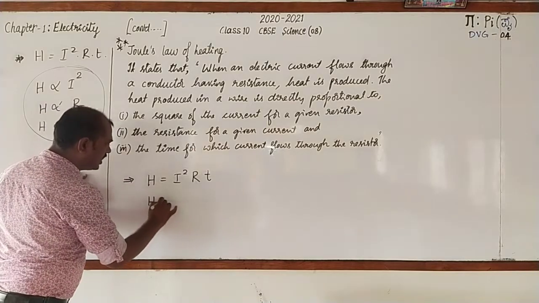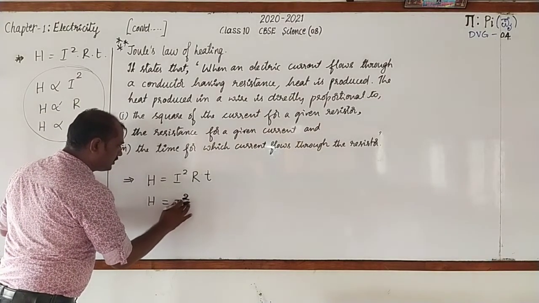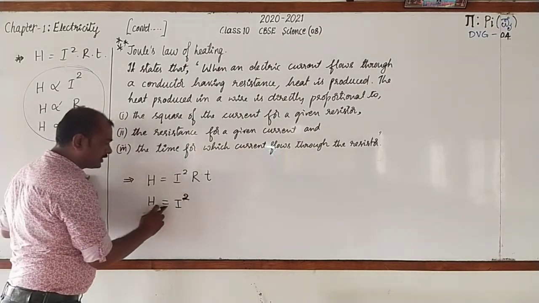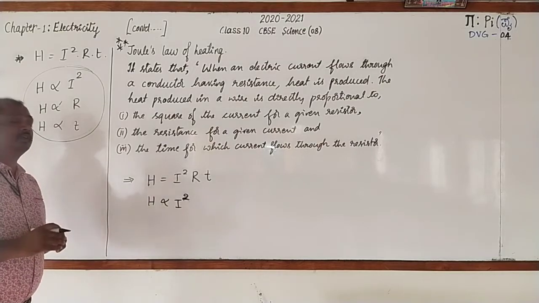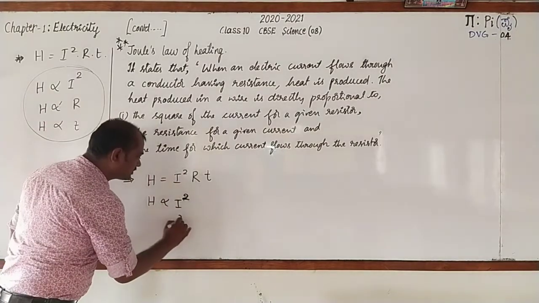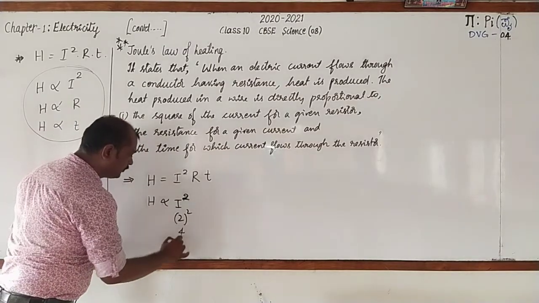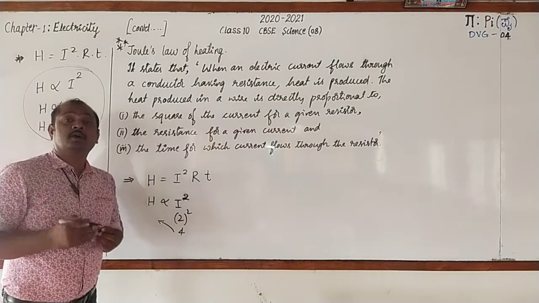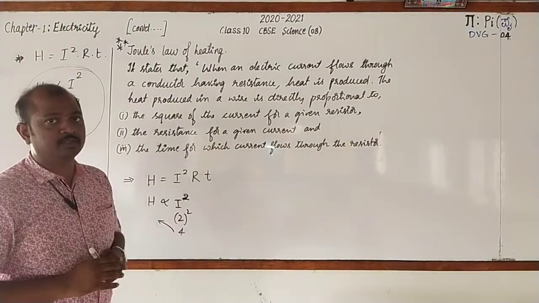Suppose I take the current. We know that heat energy is directly proportional to square of the current. Suppose current is doubled. Then it will be 2 whole square. 2 square is 4. Then amount of heat produced increases by 4 times.